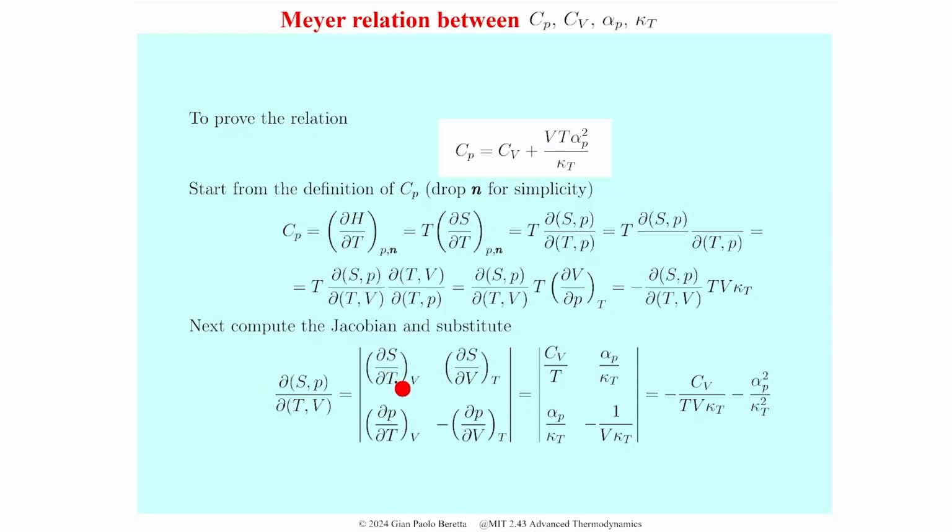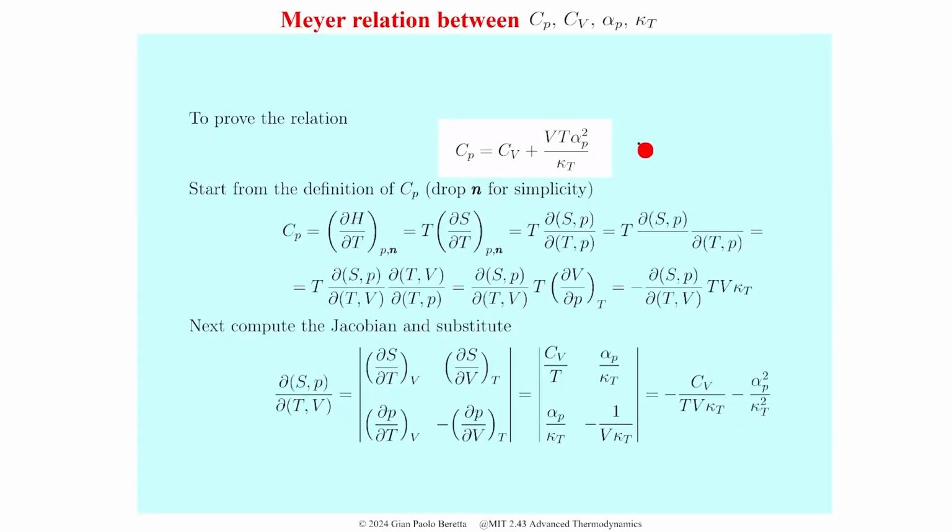For example, this is Cv over T. This, we just proved, is alpha over kappa T. This is the same because of the symmetry of the determinant, or because of the Maxwell relations, which is the same. And this is 1 over kappa T. So now you compute the determinant, you get that, you place it here, and out comes the Mayer relation.